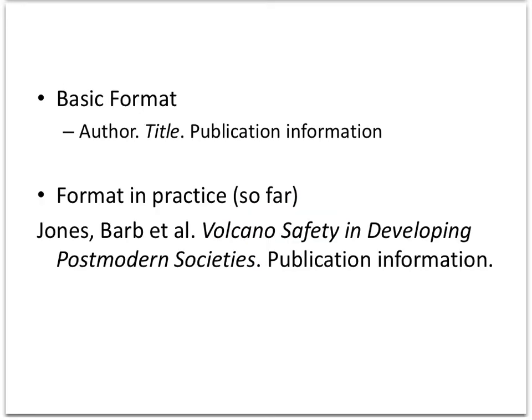So when we look at the basic format, back to this: 1 author, 2 title, 3 publication information. So far, we're familiar with authorship and titling. Just based on authorship and titling, we can tell who wrote the work and we can tell what the title of that work is.